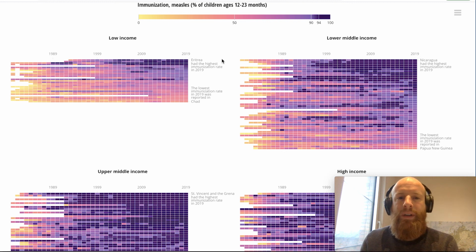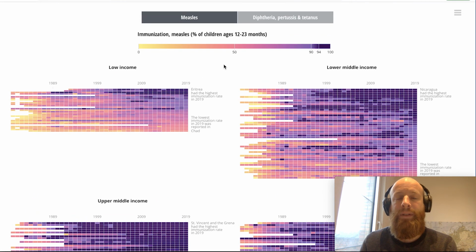Another thing to notice here is the color scale, and this went through many iterations because just like with COVID-19, measles has a threshold for herd immunity, which is around 94 or 95%, which means that if you manage to vaccinate 95% of the population, then you reach herd immunity and measles will not spread or only spread very limited among the population. So we wanted a visual cue to show this threshold.